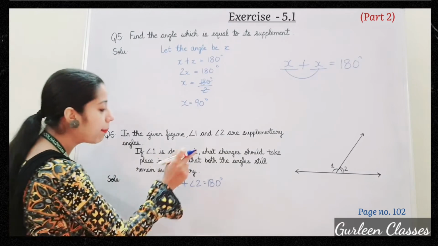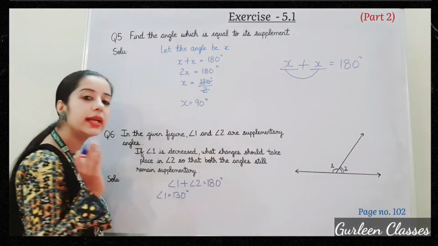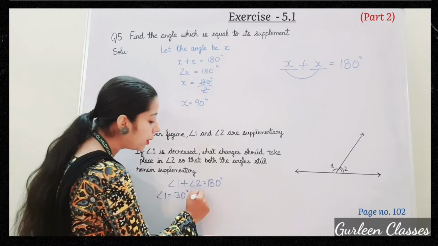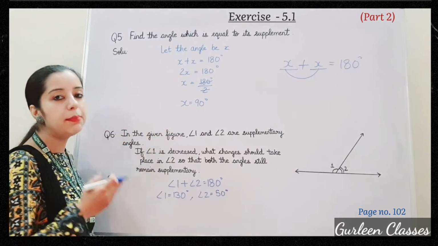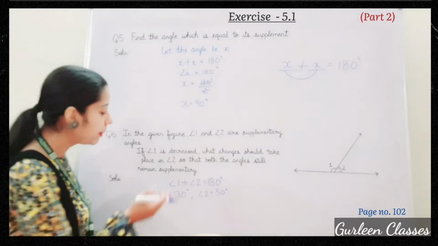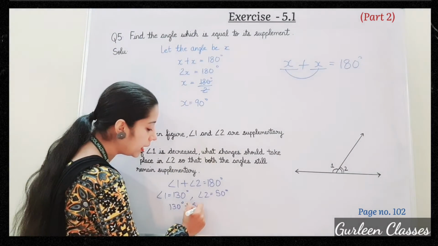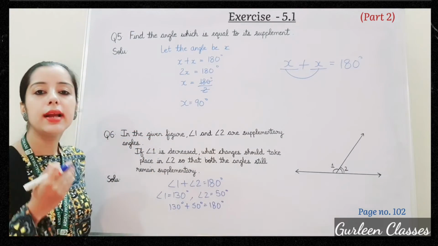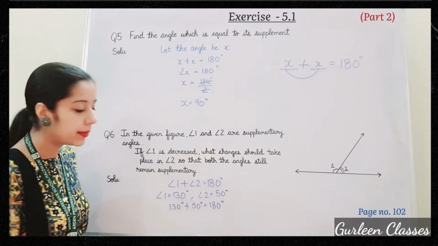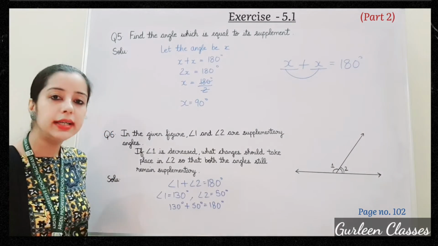Suppose अगर आपका एंगल 1 है 130 डिग्री, this I am giving you as an example, and angle 2 है आपका 50 डिग्री. So angle 1 plus angle 2 is 180 degree. So 130 degree plus 50 degree, that is 180 degree. अगर हम एंगल 1 को डिक्रीज करते हैं, angle 1 is 130 degree, I am decreasing it by 30 degree.